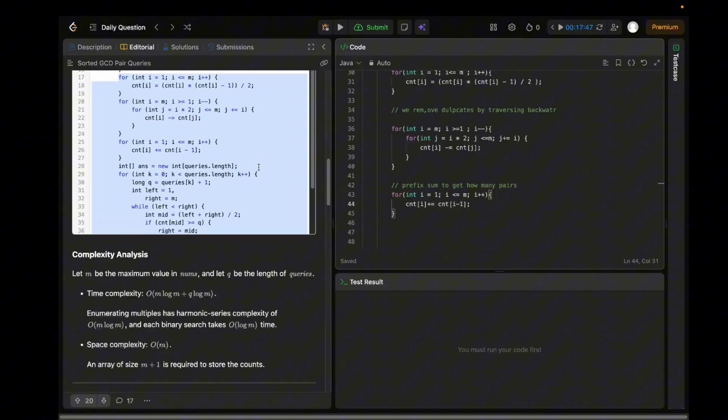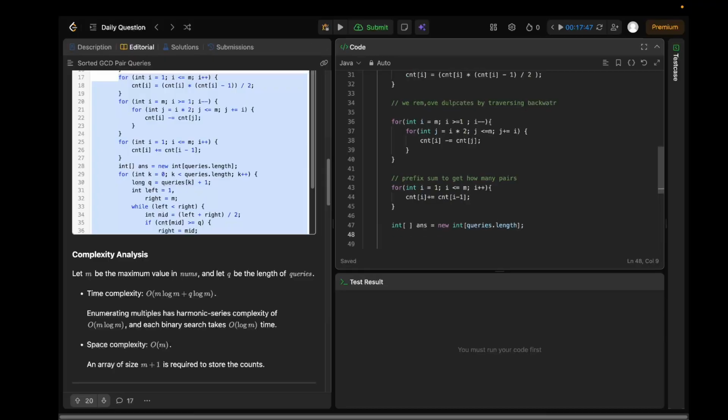This creates a prefix sum, and then we create an integer array answer equals new int array of size queries.length. And then we loop for integer k equals 0, k must be less than queries.length, and k plus plus, right?